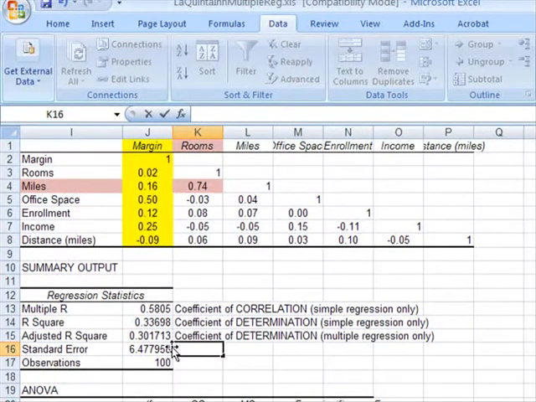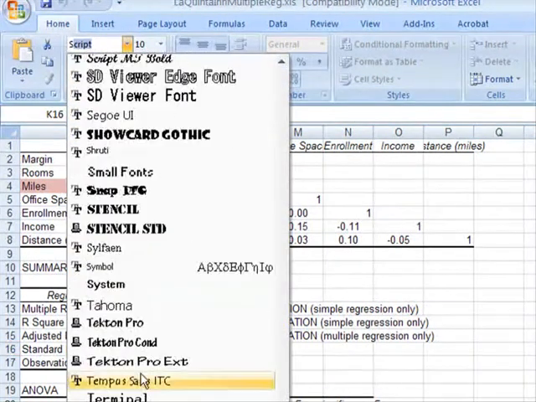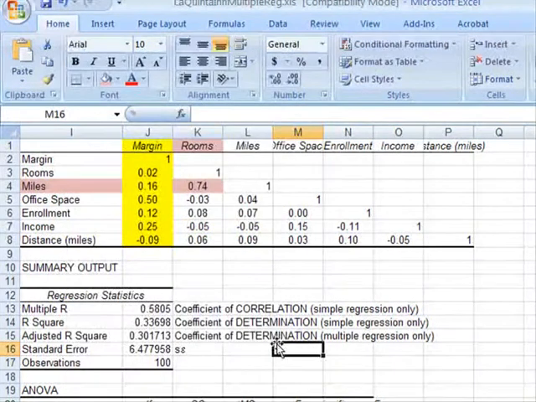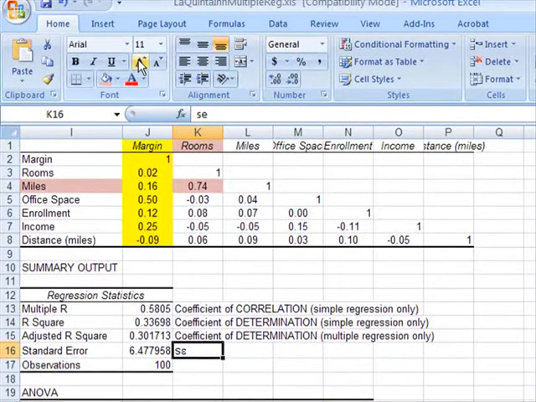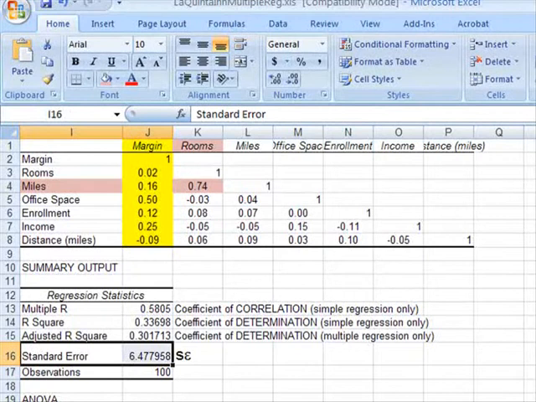Standard error, we're going to check on this concept later on, but the standard error is represented by SE, and you want to make sure that in any formulas that we use later on, if it says SE, you know where to come and look for the standard error.